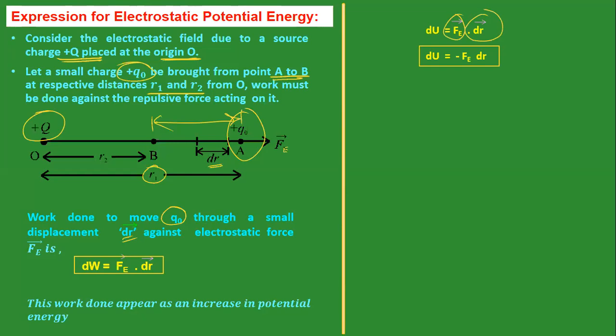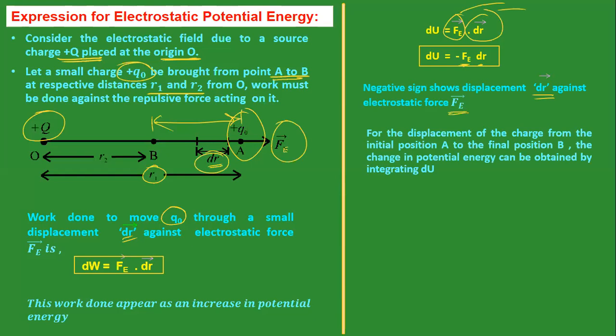Fe and dr have opposite directions: this is the direction of the electrostatic force and the displacement is opposite to that. The negative sign shows that displacement dr is against the electrostatic force.